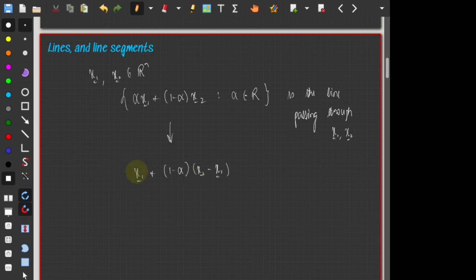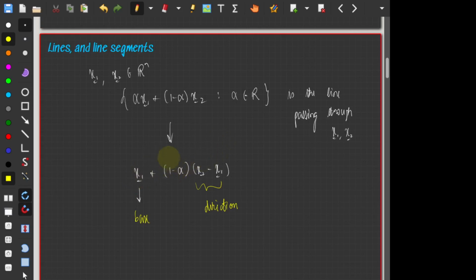Right? So you can consider this as sort of a base point, and this as a direction. So for every alpha, I get a point which starts from x1.